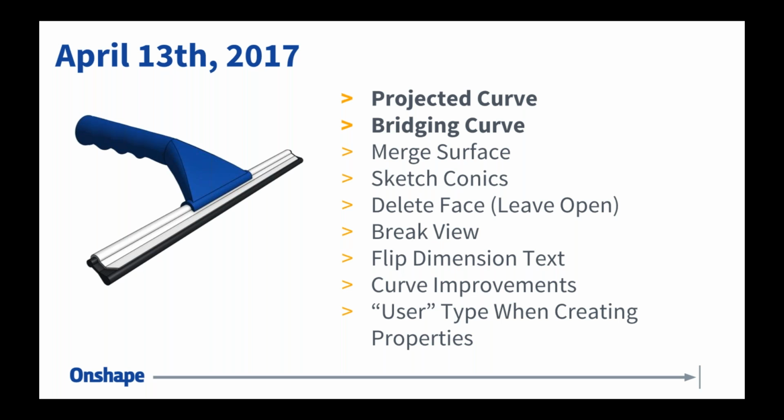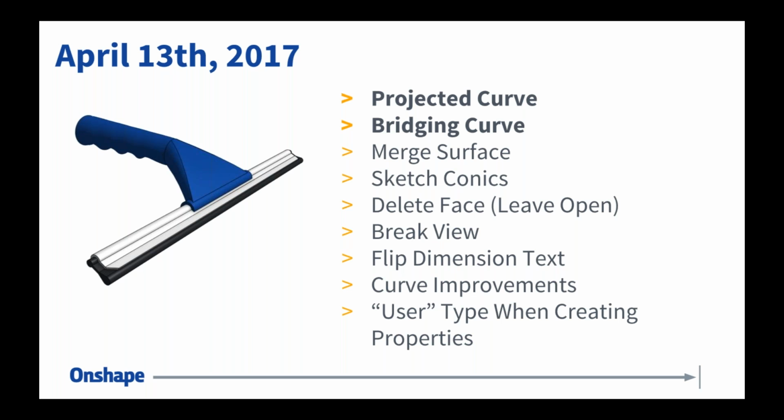It makes it very easy to find it. Hide and show it, another very common one. I need to hide and show a curve. I don't want to hunt through the feature list and find that curve feature. Just show me it in the parts list. Right? So curves in the feature list is another example of that. I've already mentioned too importing curves.